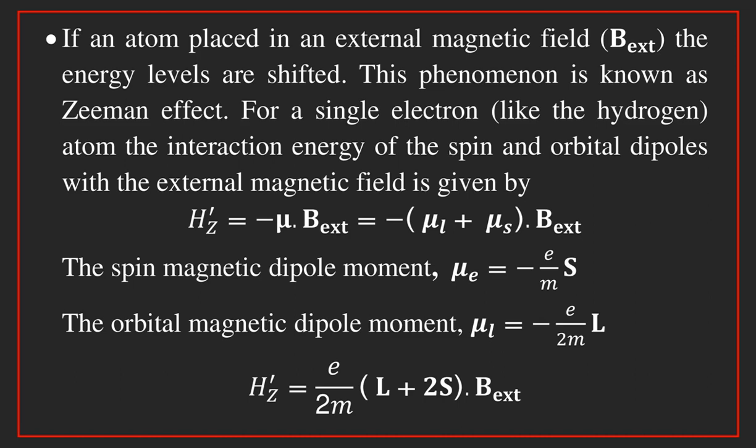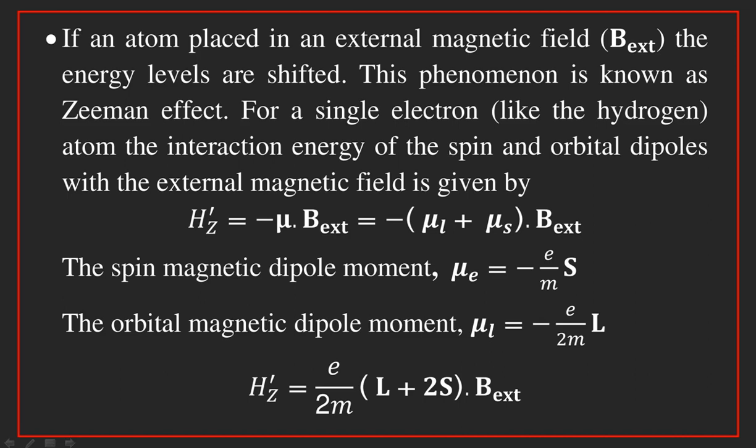Now, for a single electron, as in the case of hydrogen atom, the interaction energy of the spin and orbital dipoles with the external magnetic field can be given by H_Z equals minus mu dot B external, where mu is the magnetic dipole moment and B external is the external magnetic field. Now, in the case of an electron, it has two types of magnetic dipole moment.